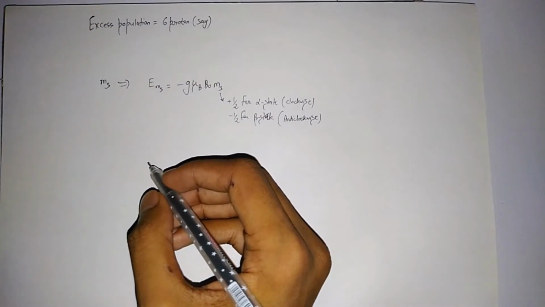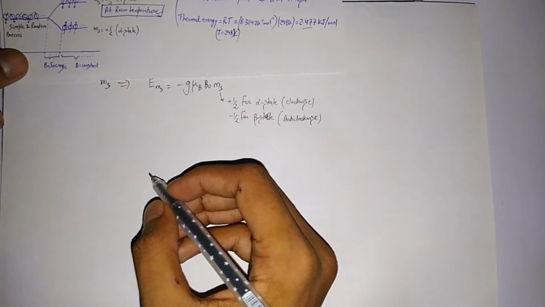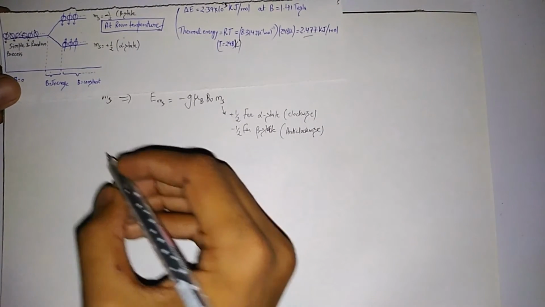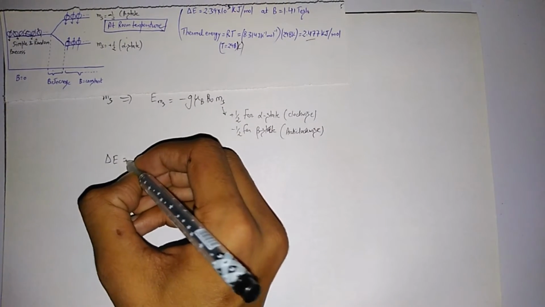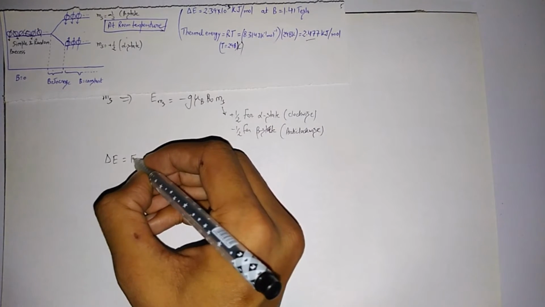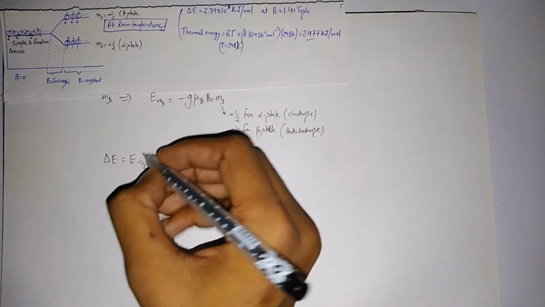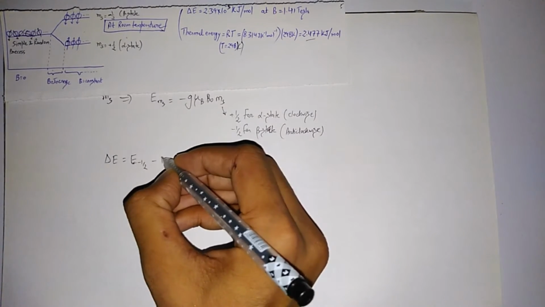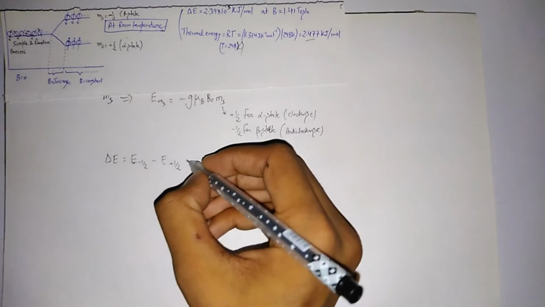So now in this figure, the energy separation between alpha and beta state is delta E, which is the energy corresponding to the higher energy beta state minus the energy corresponding to the alpha state.